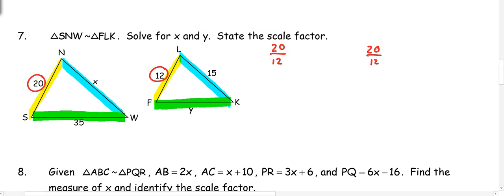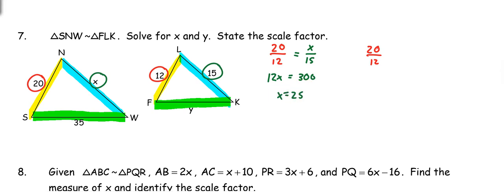So to solve for x, I see that x matches up with the 15. So we're going to have x over 15. And remember that the same numbers from the same triangle need to go in the same part of the ratio. So now I can cross multiply and I get 12x is equal to 300. And when I divide by 12, I get that x is 25.